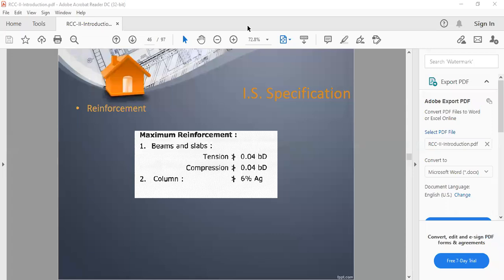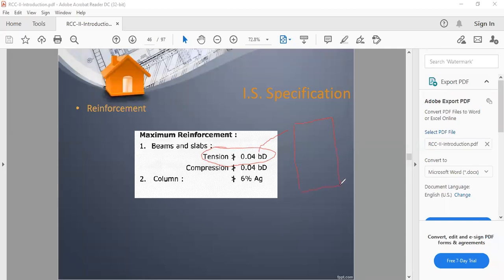Now, there is certain minimum reinforcement, and also maximum reinforcement. You cannot give reinforcement above this level. Maximum, whether you are providing it for tension or sometimes in compression, is 0.04 into the cross section.